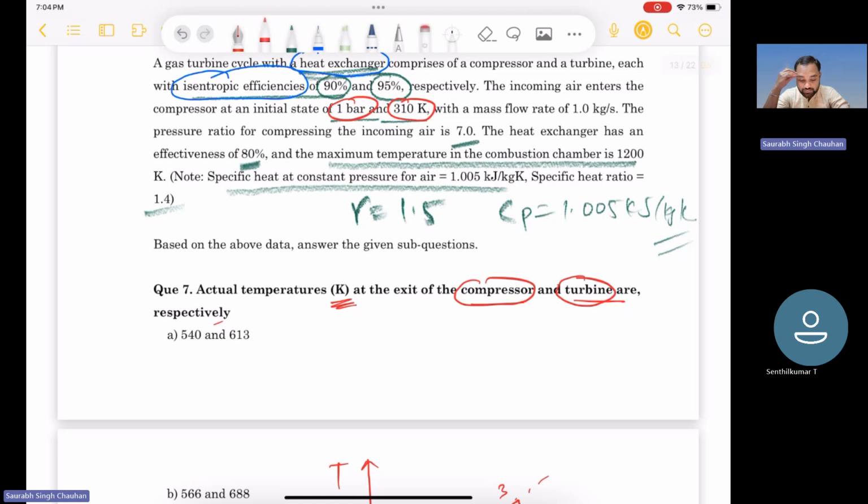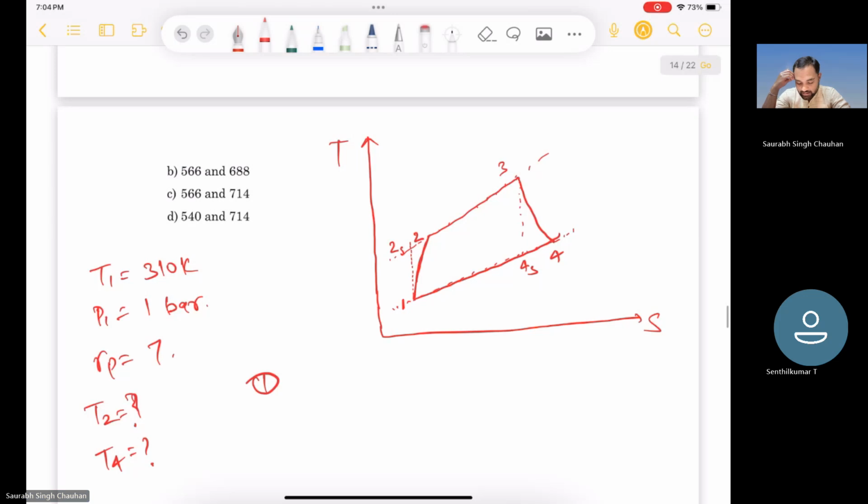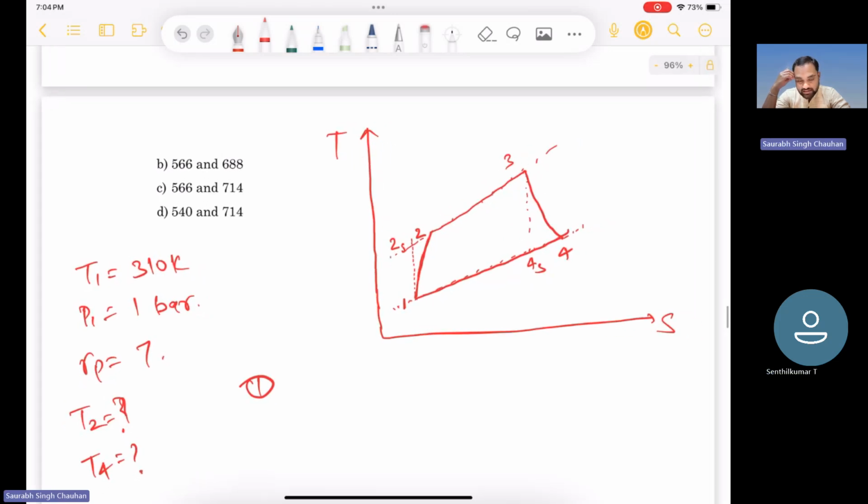How will you calculate T2? Let us say if it was an isentropic process, then how will you calculate? Using the adiabatic relation, right? P1 V1 to the gamma is equal to P2 V2 to the gamma and the ideal gas equation.